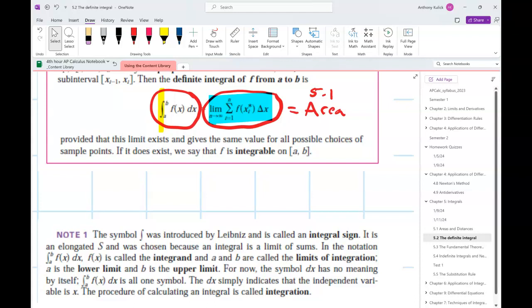The dx for right now just tells us where the integration stops, right? So the start is that integral symbol, the end is where we see the dx. We'll talk more about what the dx means theoretically and conceptually a little bit later, but for right now you can think about it as integral symbol starts integration, dx is where we end integrating.